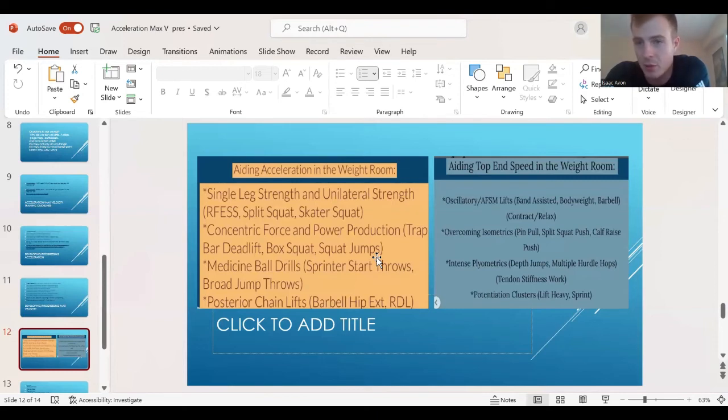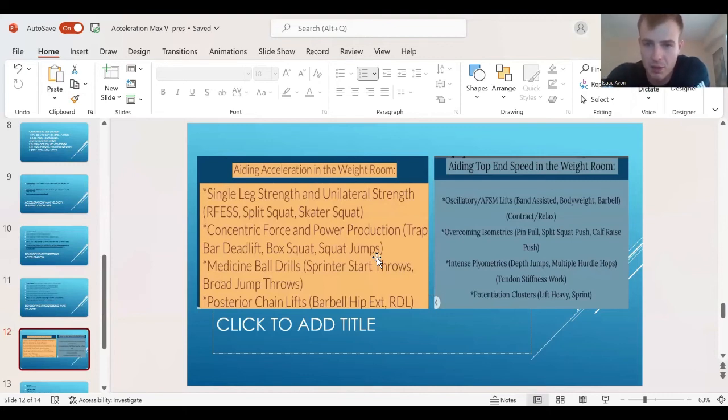Overcoming isometrics to work on peak force development in certain positions, like Alex and Tara's running-specific isometrics: pin pulls, split squat pushes, calf raise pushes. That's going to be super important to put certain musculature in positions to develop a lot of force.